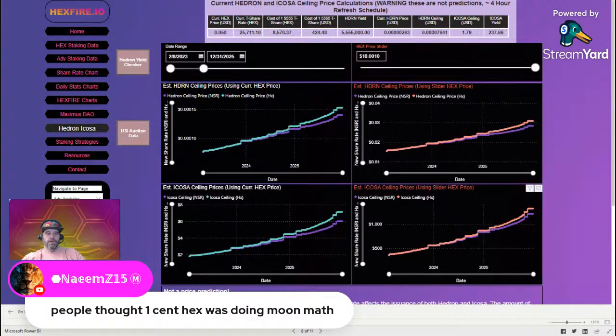And that's pretty good. Even today, if somebody thought, hey, 20K is a lot, a 50x from $400 is 20K. If you wanted 20K per year, you would stake the equivalent of hex that would give you that 20K each year, right?